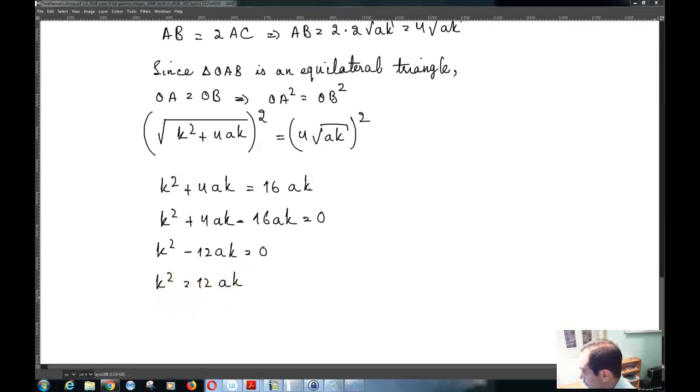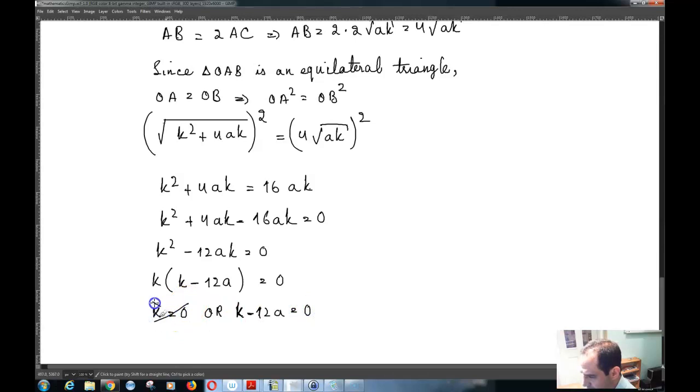To solve this equation, I can write k times (k minus 12a) is equal to 0. I take the k out. So this means that either k is equal to 0 or k minus 12a is equal to 0.